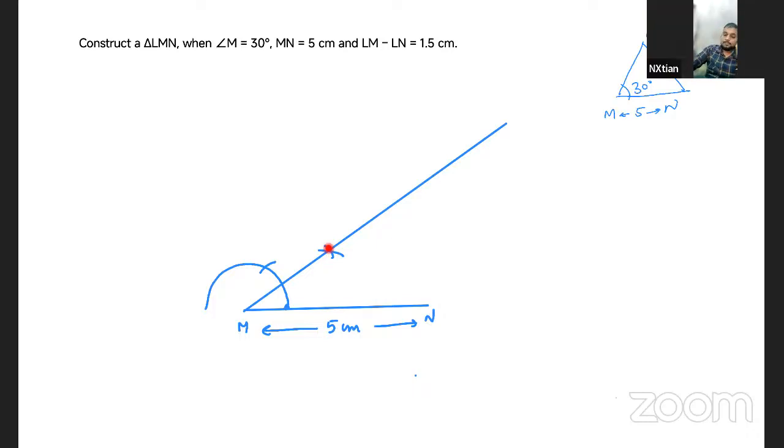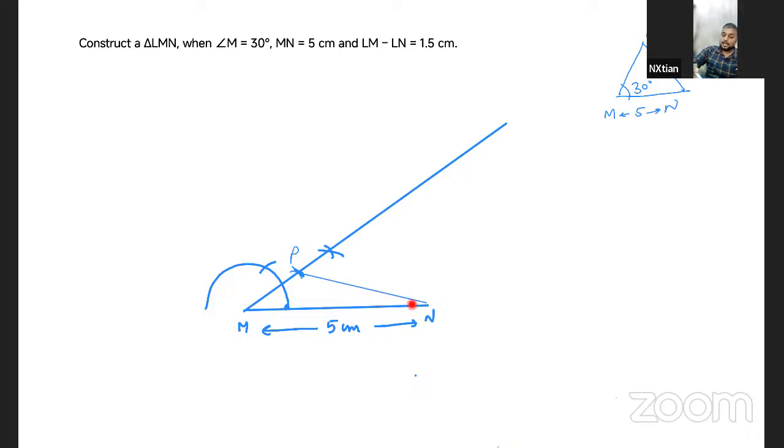Then the difference between them is 1.5, so I have to draw 1.5. From the M point, I will take the compass needle and make an arc of 1.5. For example, if 1.5 is this much, I will cut this line from M. Then I will name this point P. Now I have to make the perpendicular bisector of this line PN.